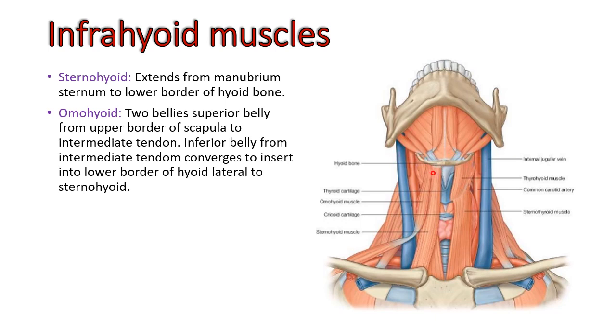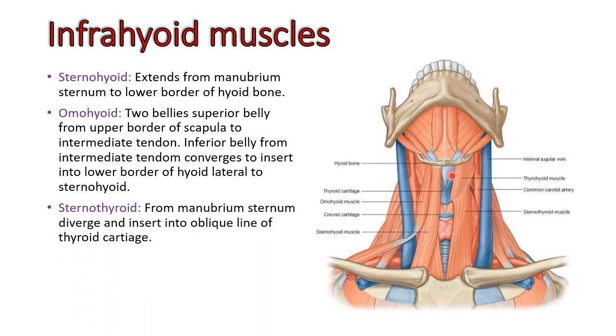And remember, most of the structures in the neck are derived from the pharyngeal or branchial apparatus, which is made up of a series of arches: first arch, second arch, third arch, fourth arch, and the sixth arch, because the fifth arch disappears.